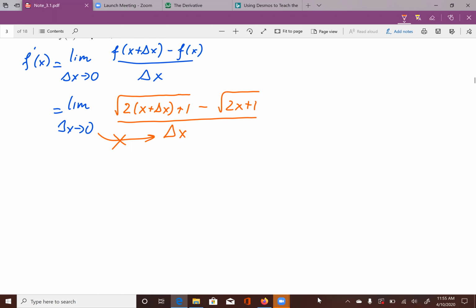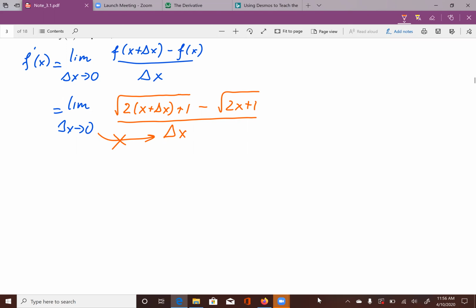Again, at this point we have 2 radicals here. We should think of multiplying these functions by the conjugate of these 2 radicals, right?